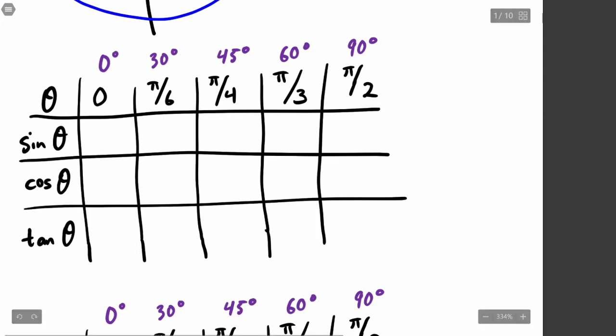Well, what we can do is just for sine here, we're going to start with 0, 1, 2, 3, 4. Okay? And then we're going to square root every single one of these. Okay? And then divide them all by 2.